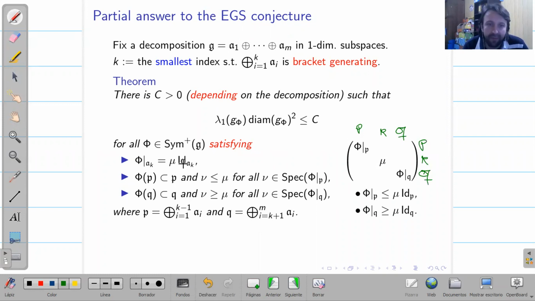And the idea is that phi is of the following form. It has an eigenvalue here, mu, any mu. And here we put in this block K-1 times K-1 anything, of course, a positive definite symmetric map, and while not anything, the eigenvalues there cannot be larger than mu. Cannot be larger than mu. Okay? And the same here.